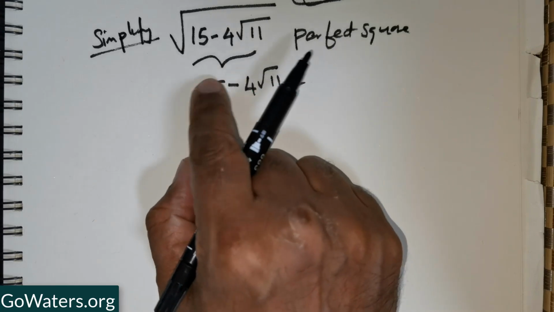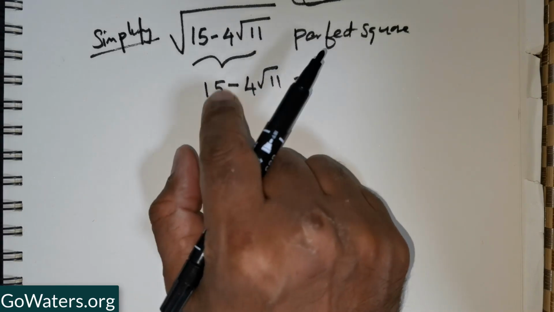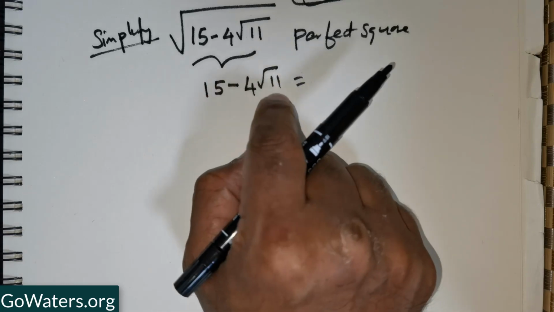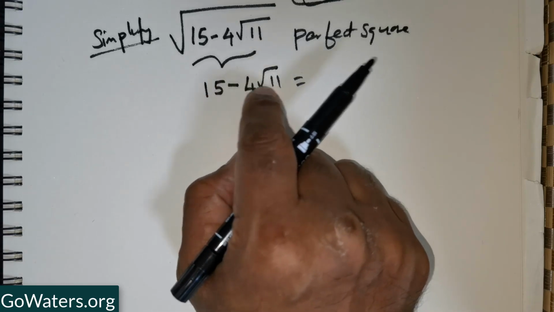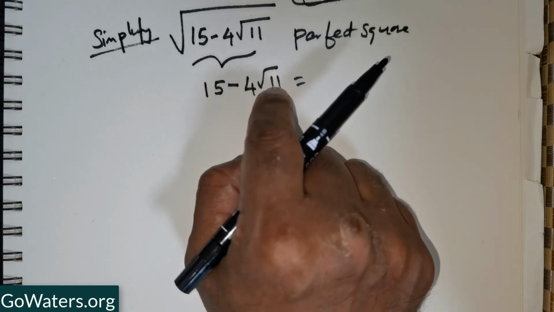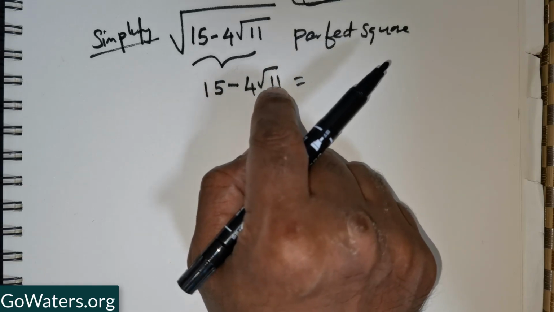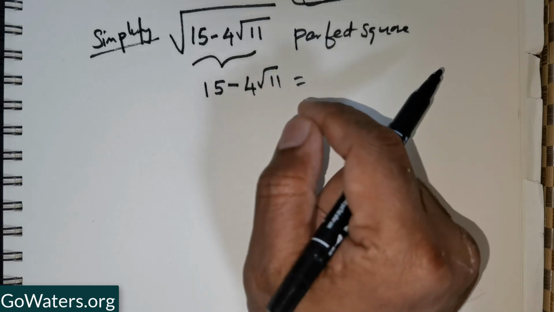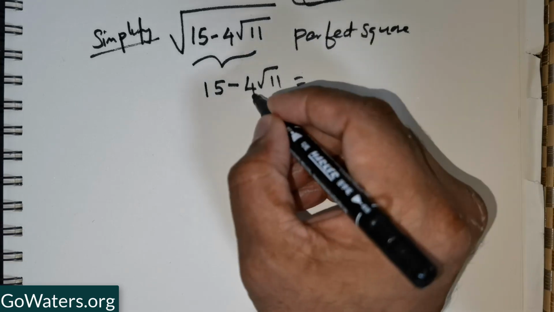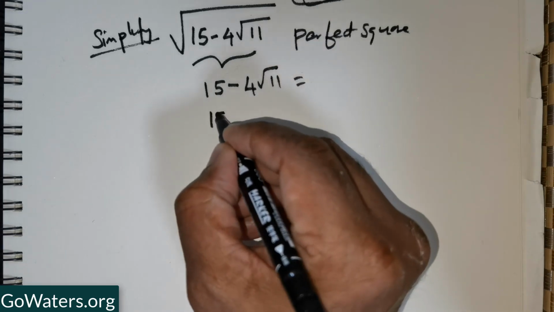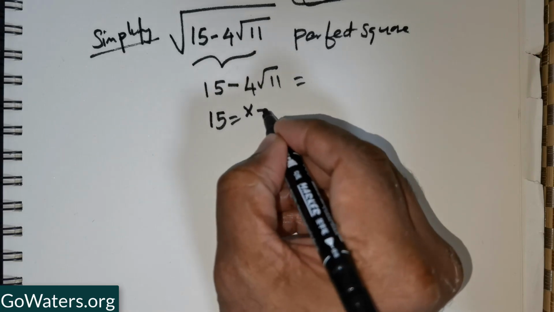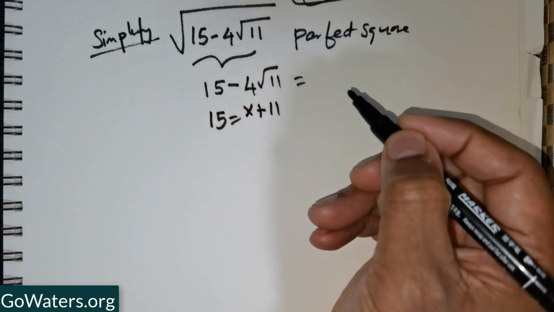Now what we have to do is express this quantity 15 as some component which has this radicand featuring as one of the terms that are being added. So in this case, I will have to write 15 as some x added with this radicand 11.